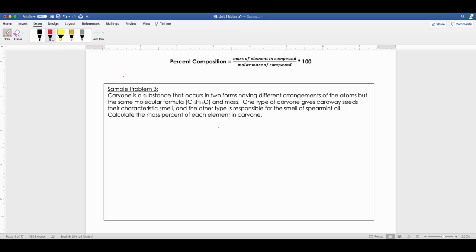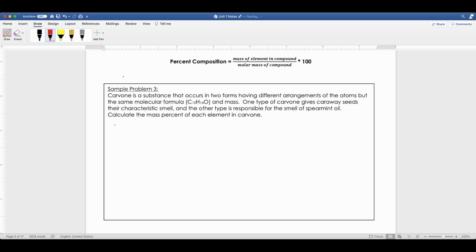So that's pretty cool. Calculate the mass percent of each element in carvone. So I want to know what's the mass percent of carbon in carvone, what's the mass percent of hydrogen in carvone, and what's the mass percent of oxygen in carvone.